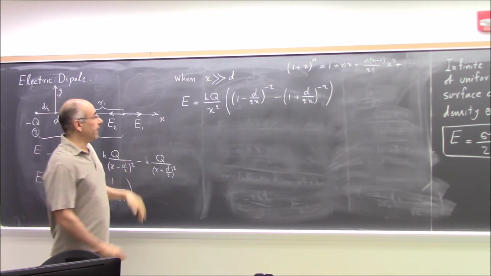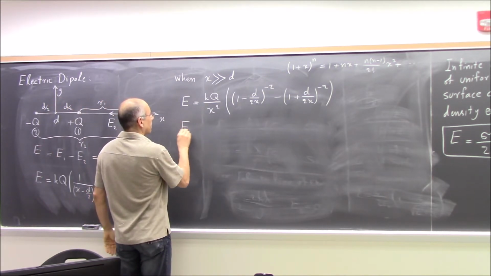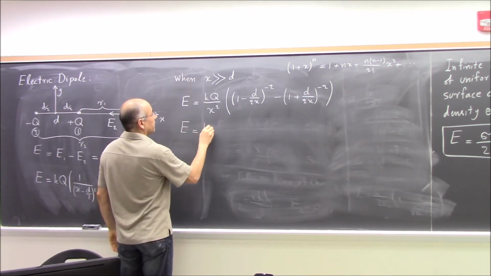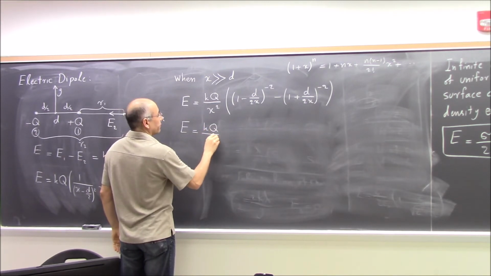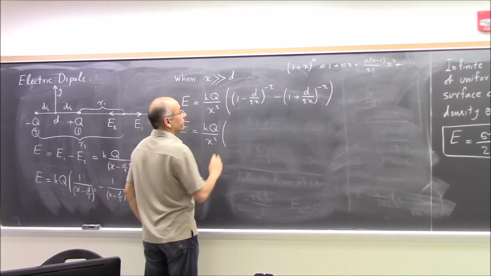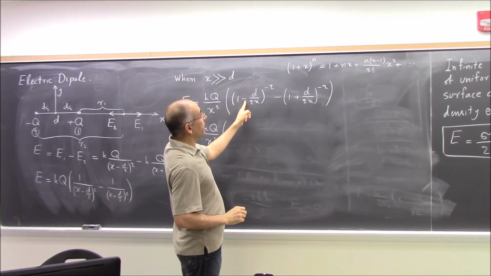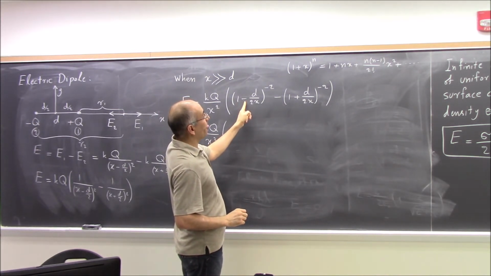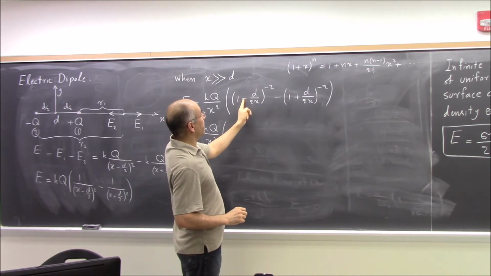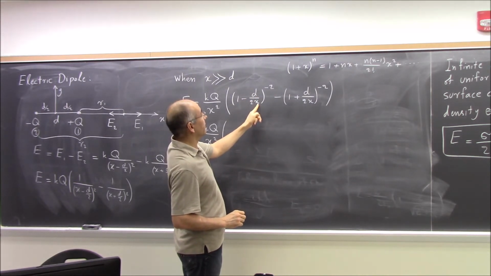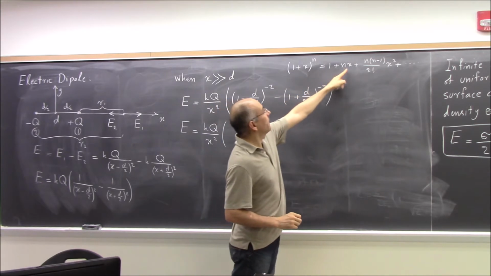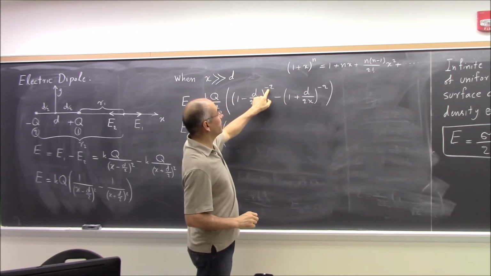So if I do that, then the electric field will be kq over x squared. And for this one, I'll get 1 minus, see, x will be negative d over 2x in here, right? And n is negative 2.